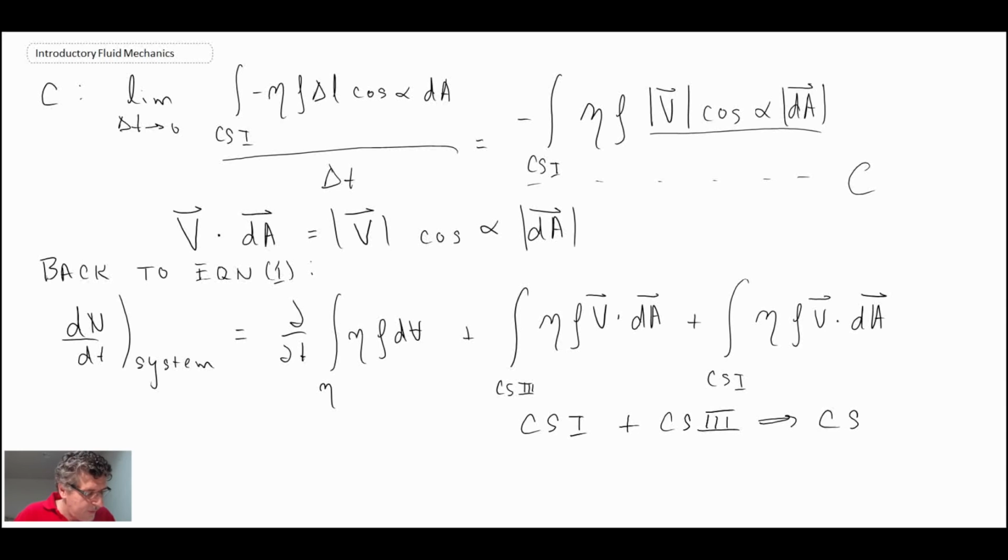So we can couple those together and we can rewrite the time derivative of our extensive property, which goes into our basic laws. So this term here is a system formulation. And on the right-hand side of the equation, it has been recast into a control volume formulation.